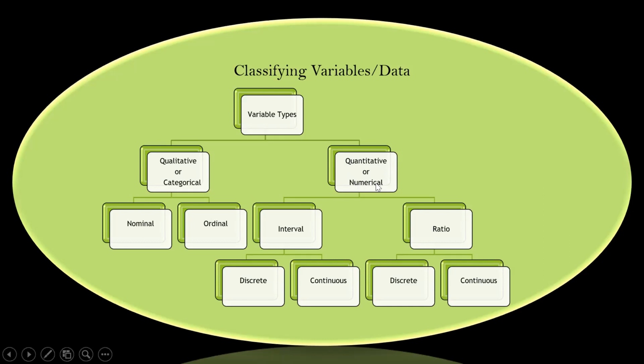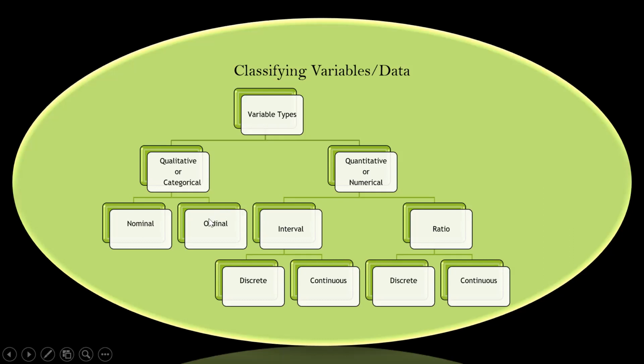If we have quantitative or numerical data, we can classify it as interval or ratio. And again, these are the 4 scales of measurement. With interval, we still have the abilities of nominal and ordinal. We just gain one additional ability. So nominal just names, ordinal names and ranks. With interval, we have equal consistent intervals.